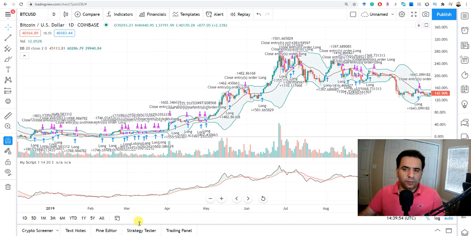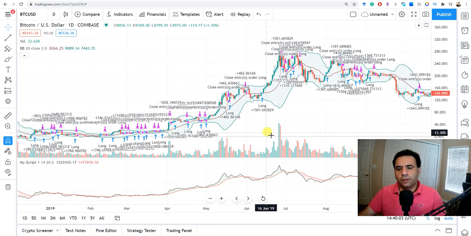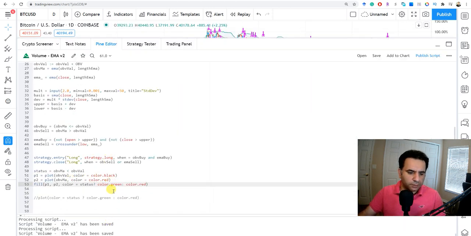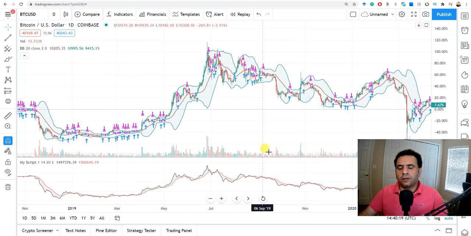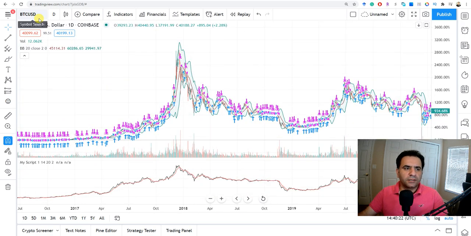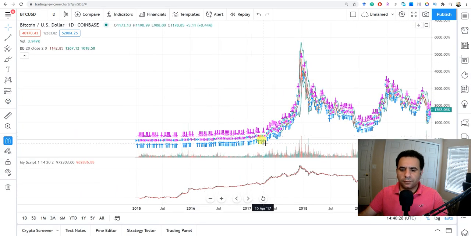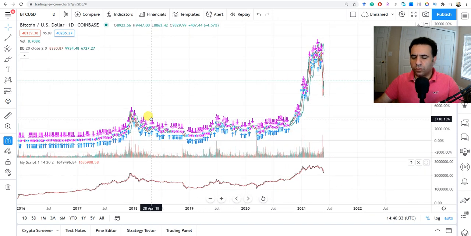And let's look at the performance of this strategy. And it's amazing, 67,000%. If we didn't have MA buy and MA sell, it decreases to 47%. And when I say 47%, I'm using BTC USD from Coinbase, and today is May 27th, 2021.